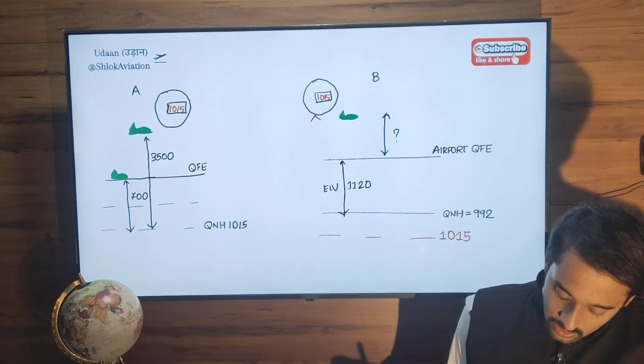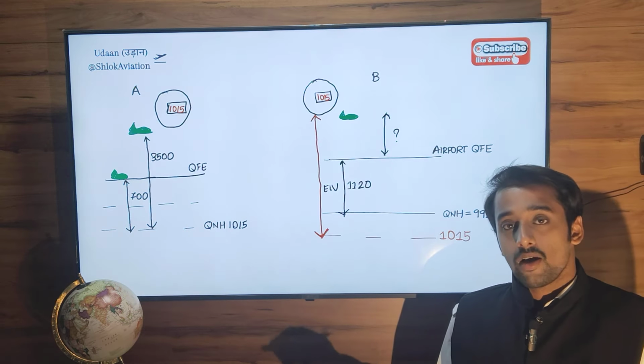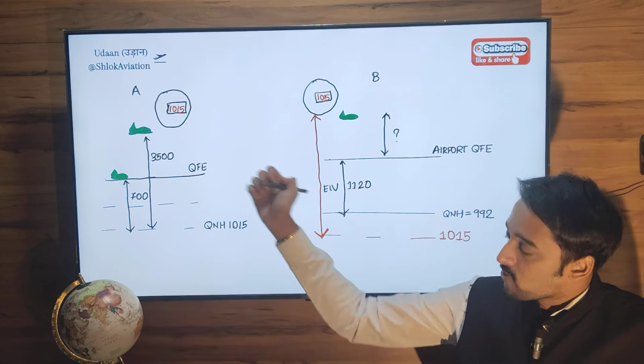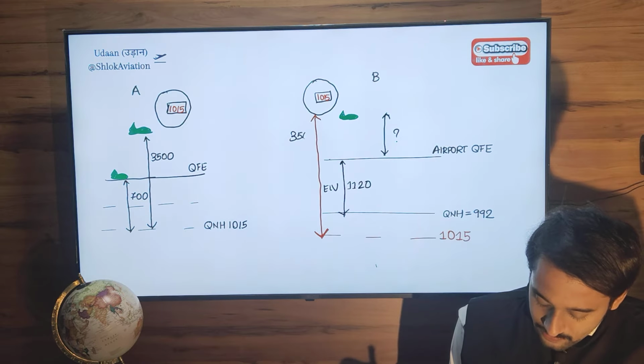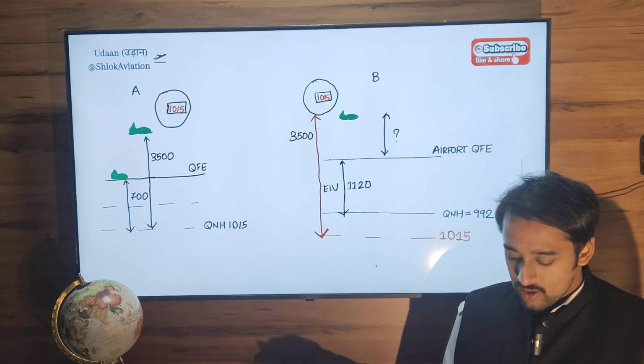So what will it show when the aircraft is here? It will show 3,500 feet from 1015, the same as before.